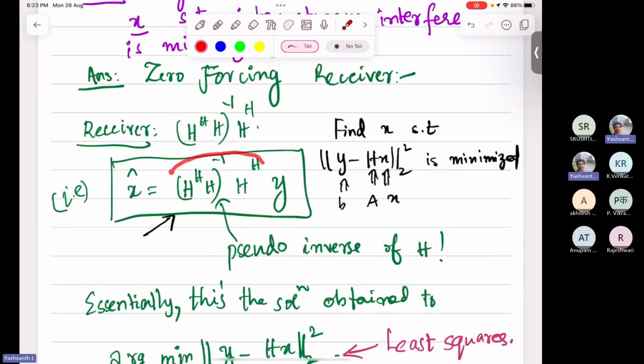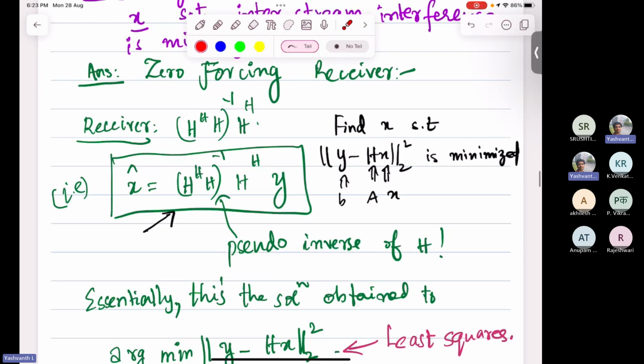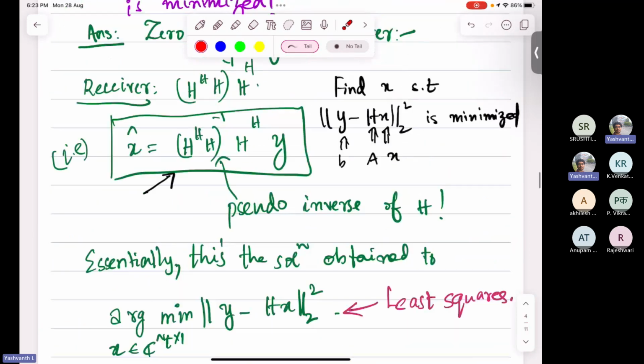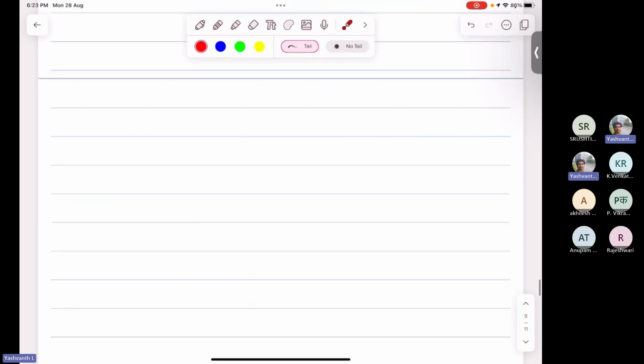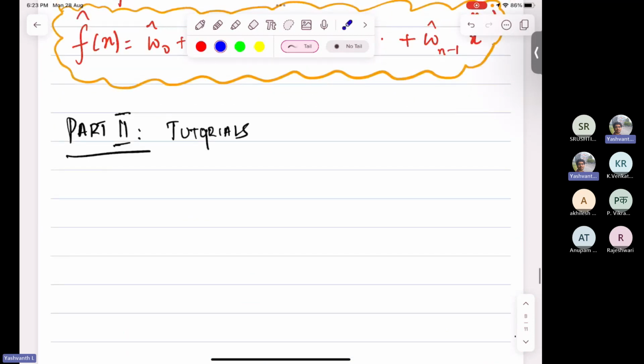Now you see this matrix is called a pseudo inverse. Why is it called pseudo inverse? Let me explain here. Let's go back to the definition. Maybe I'll do it as a part of the first question, then we'll go back to the summary.